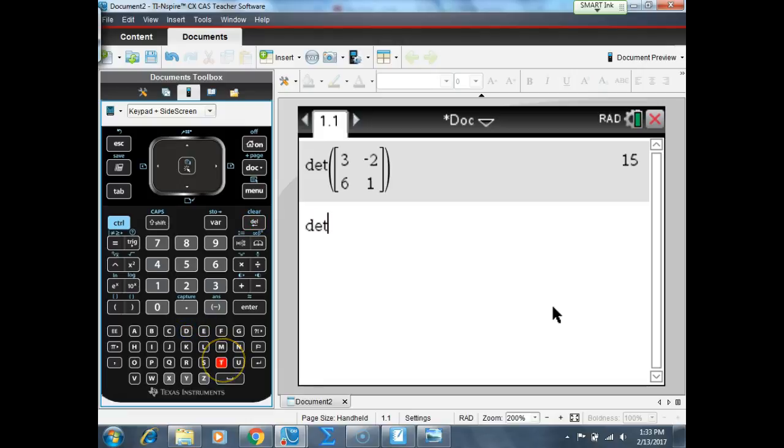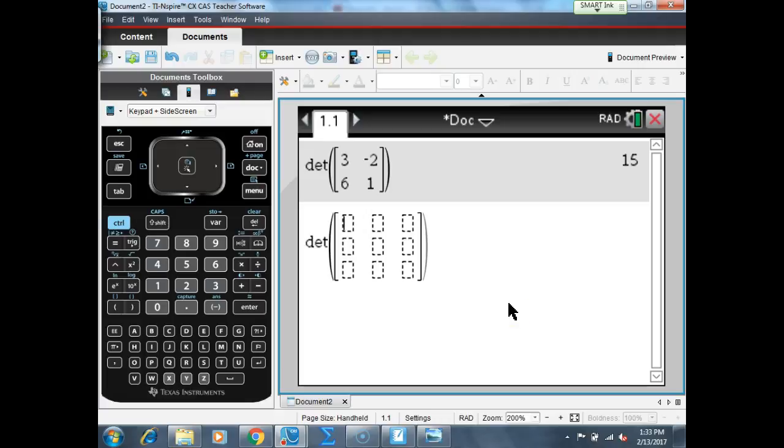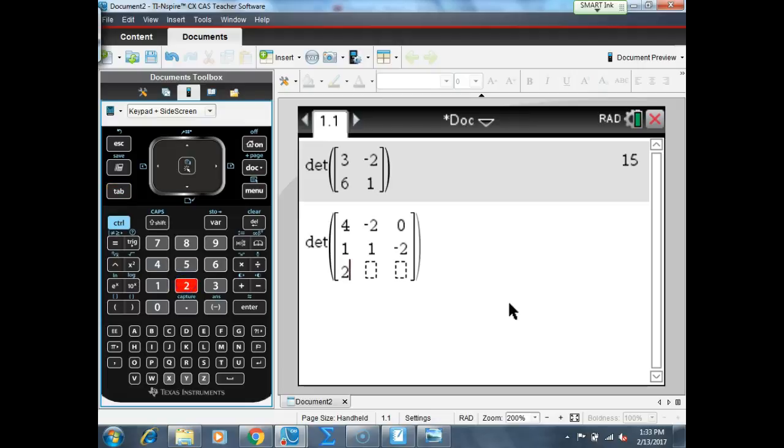Open up a set of parentheses. This time I want it to be a 3 by 3 matrix. Then we type it in: 4, -2, 0, 1, 1, -2, 2, 5, 3. Should be 66. I got that same answer. That's good.